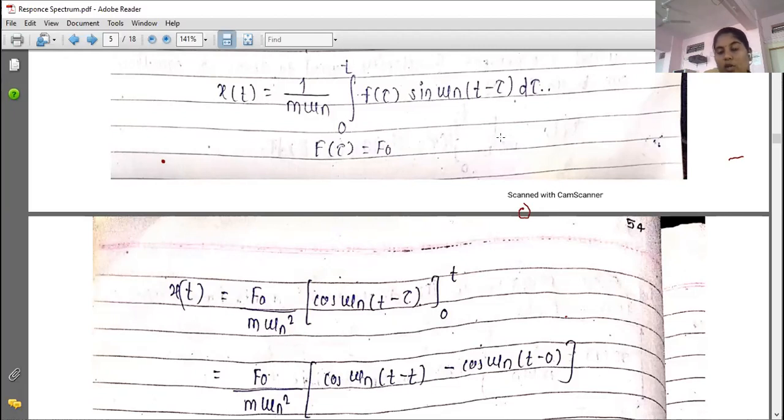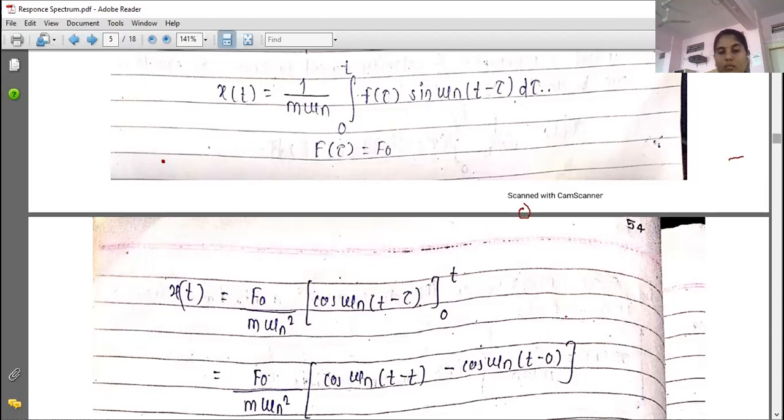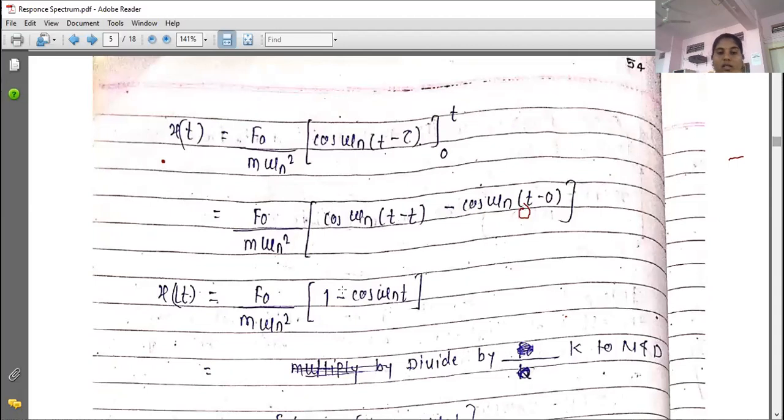We already know a derivative makes the constant a multiplication, but in the integration we make it a coefficient on the denominator side, and that's why omega n goes downside. It becomes f naught upon m omega n square into bracket, where the integration of sine is minus cos of omega n into (t minus tau), with limits from 0 to t.